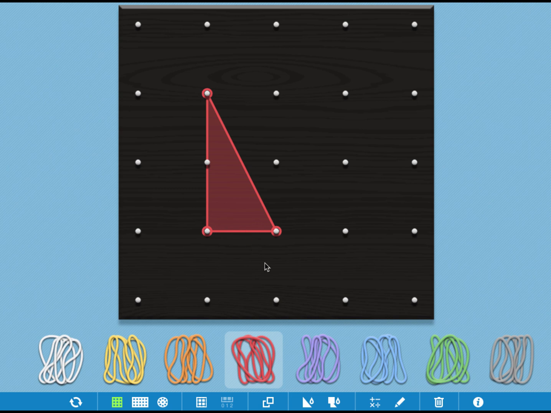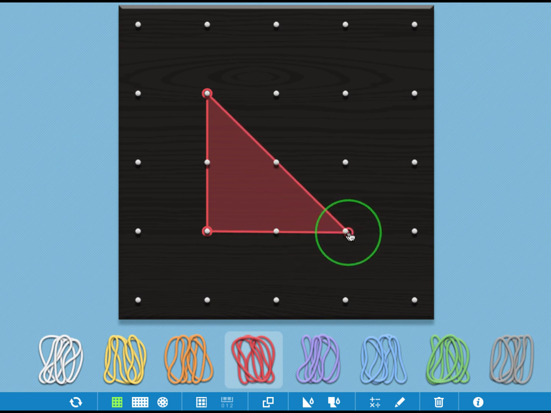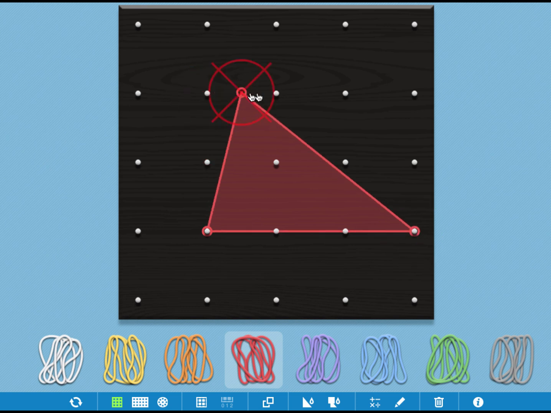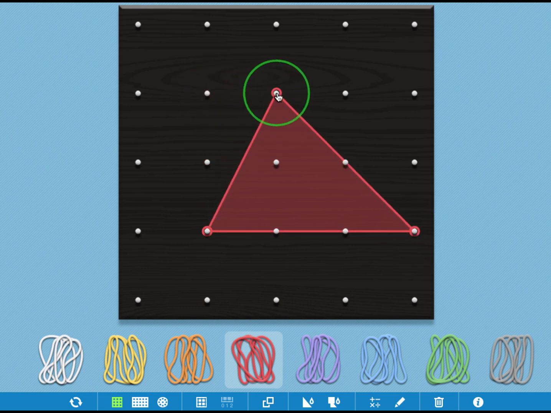But now I'm going to change it a little bit. I'm going to make the base now 3, but now I'm going to change where the vertex is. So now there's no right angle in the triangle, and so my height, when I'm actually looking at it, is different.